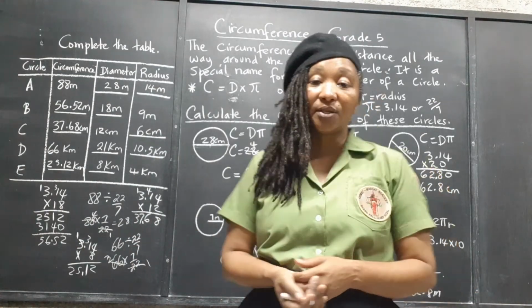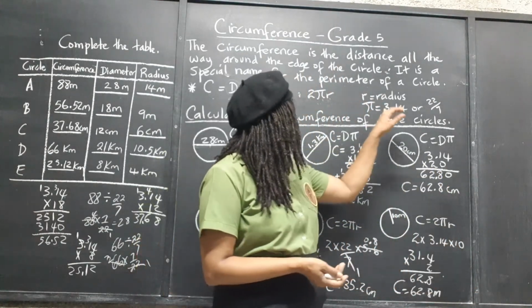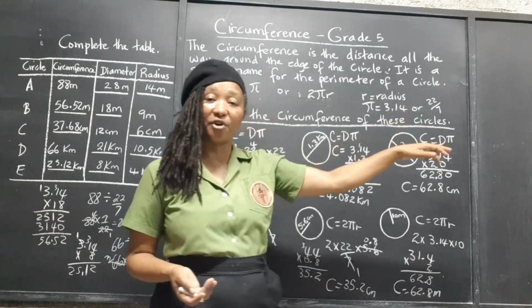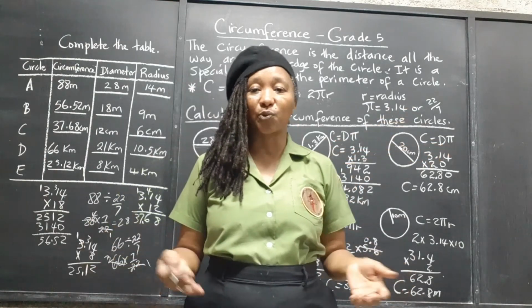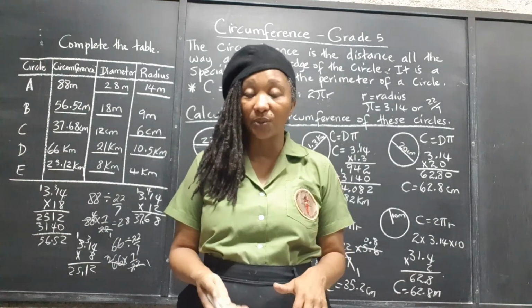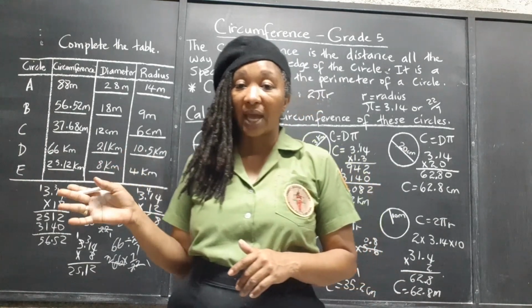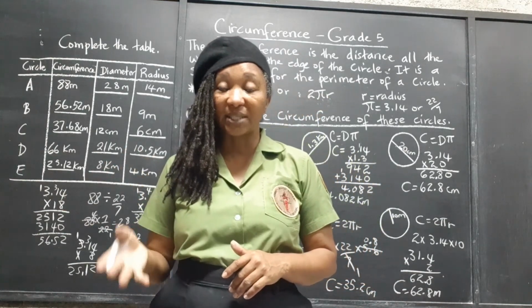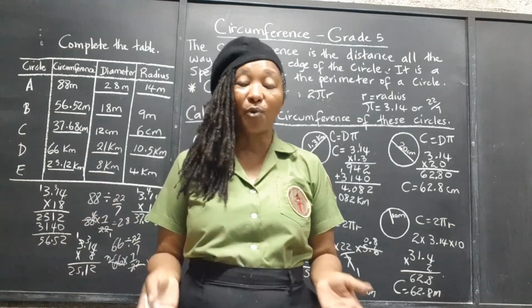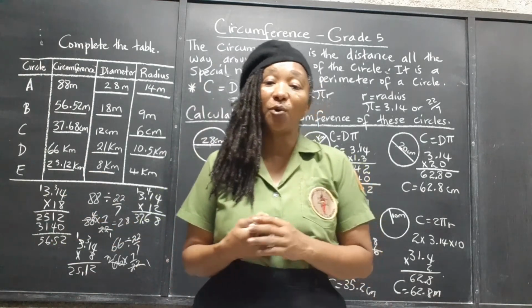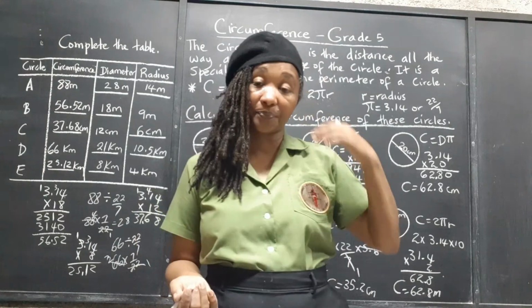Okay? And whether we use pi in decimal form or fraction form, it's up to us unless we're told specifically to use a particular expression of pi, decimal form or fraction form. If we're not told, we need to just look at the numbers that we're given.